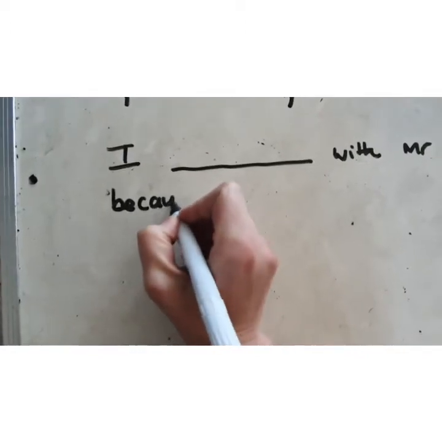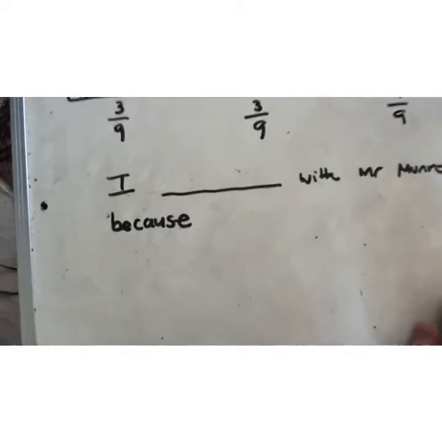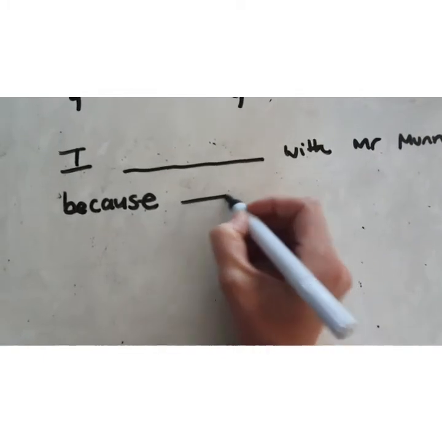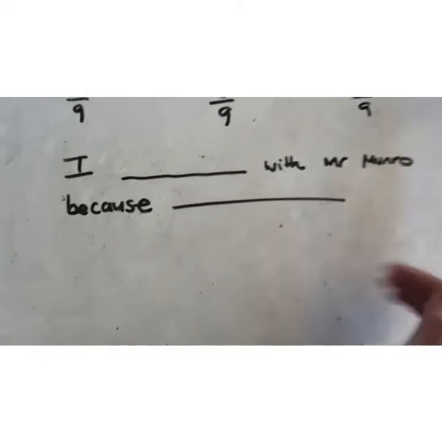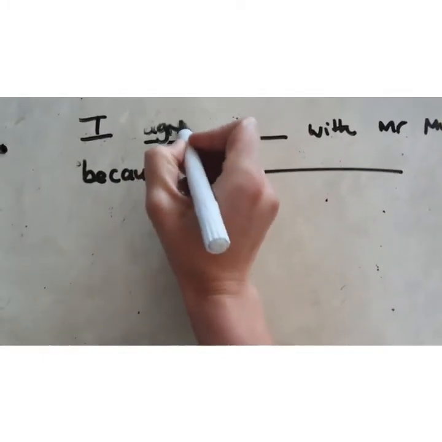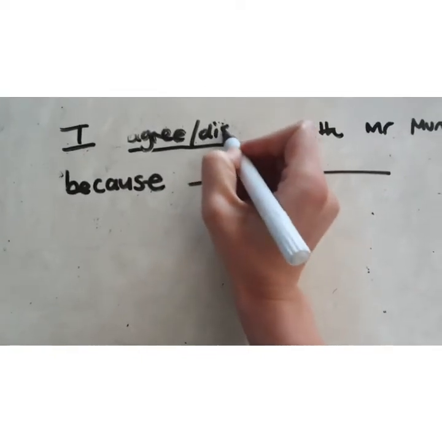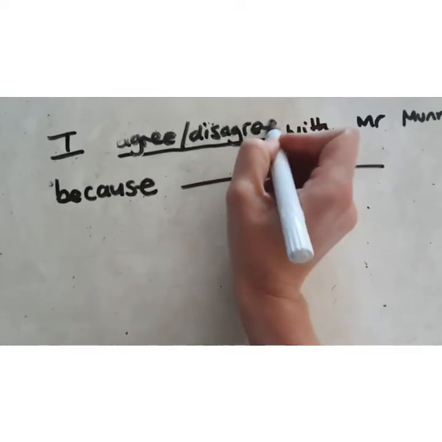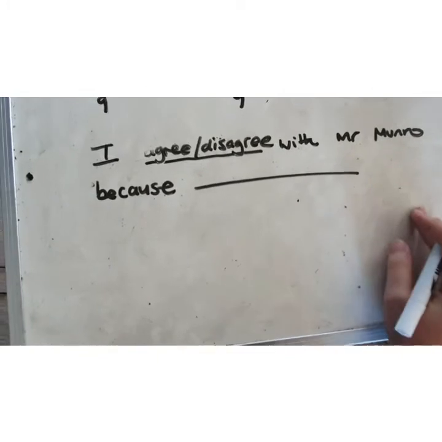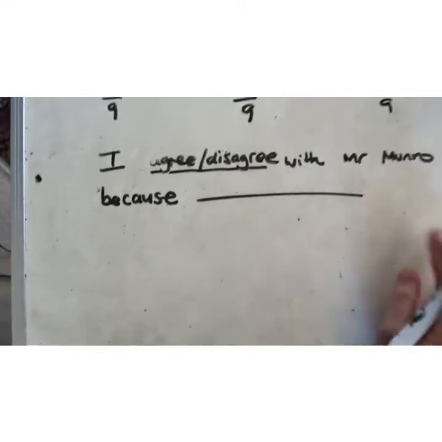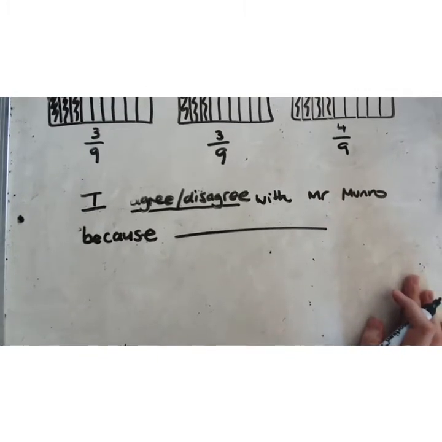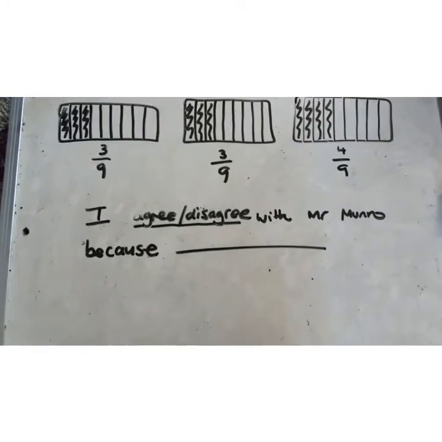Now you can either do this verbally using your words, or you can write it down as a sentence. And I want you to try and explain. So do you agree or do you disagree with the fact that this shows 3/9 times 4? Pause the video, have a go, and then press play when you're ready.